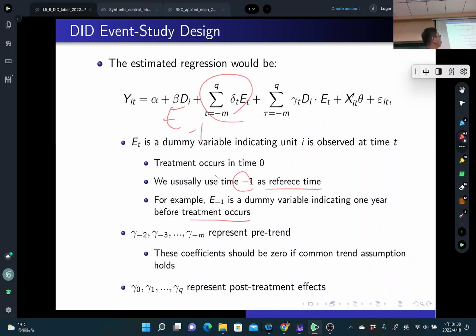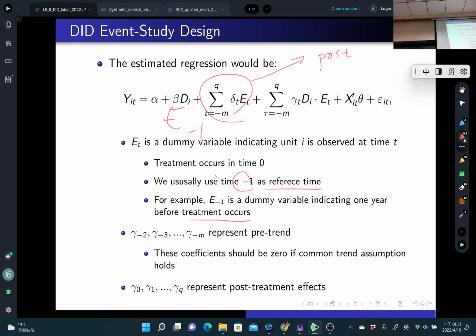So we will use this set of dummy variables to replace the post dummy that we just discussed last time, okay? And the key variable is the D treatment variable, the dummy for the treatment group, interacted with this event time dummy. The E is called the event time dummy, their interaction.